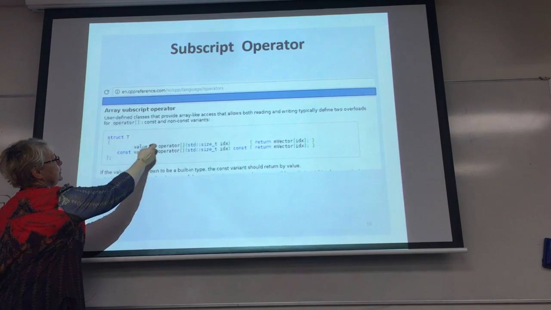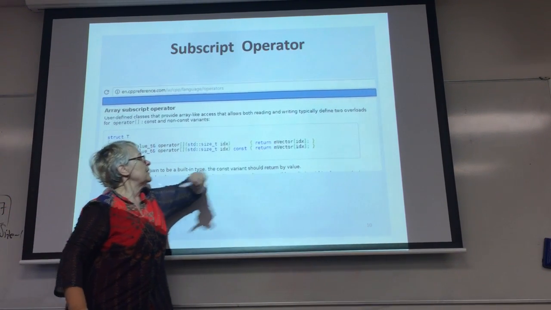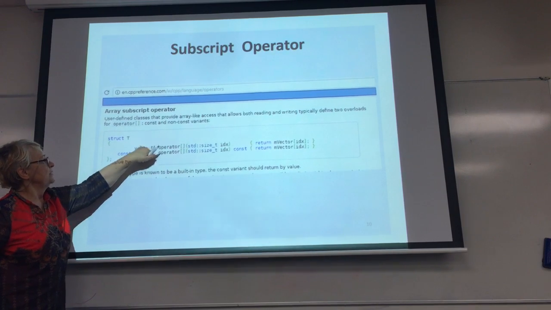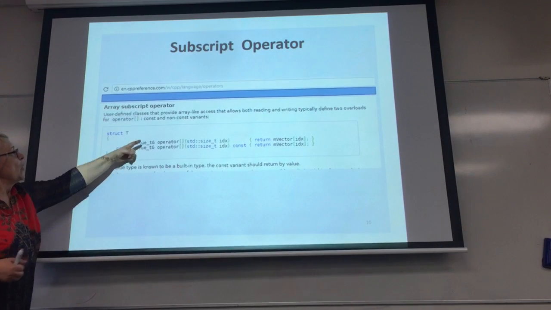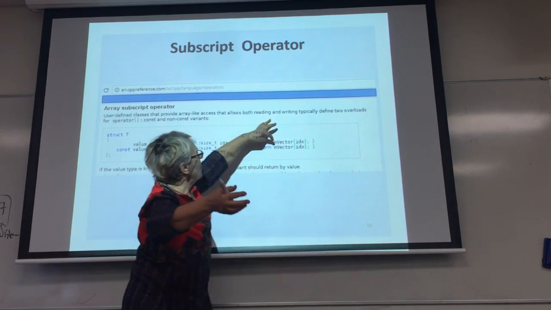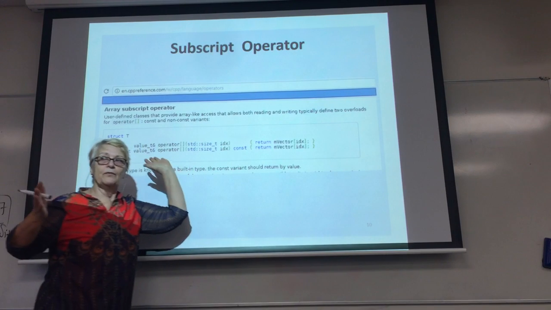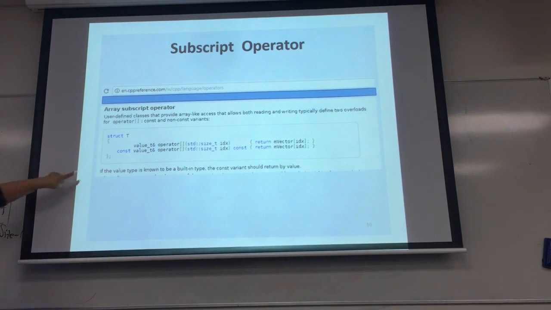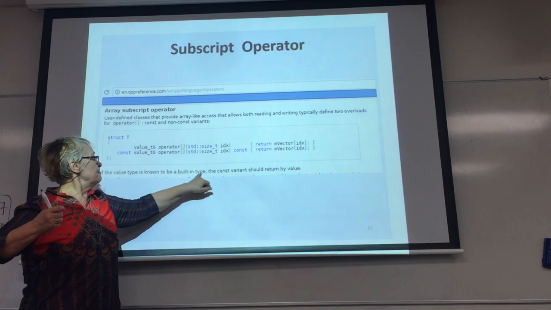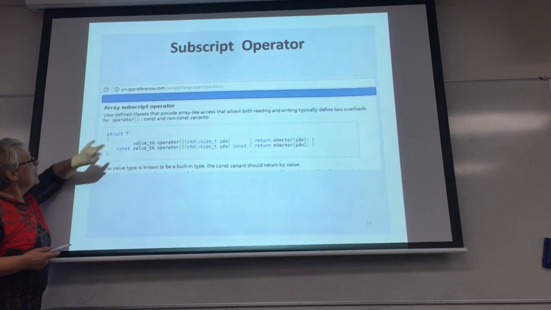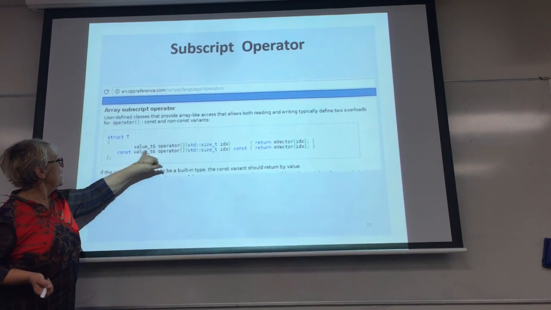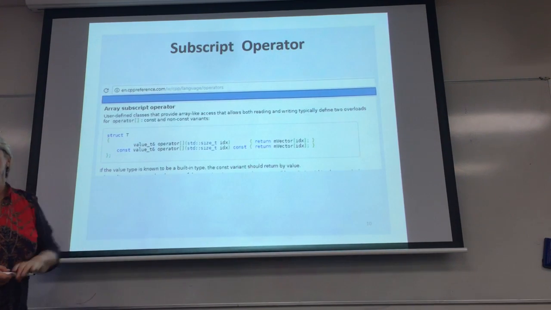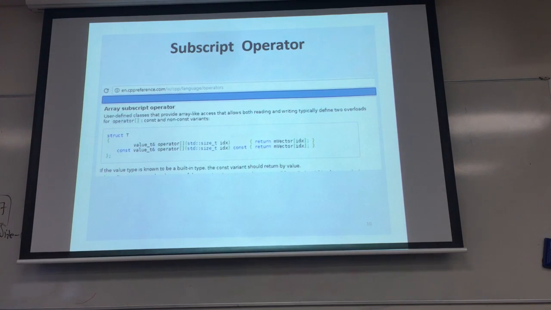So here this is returning whatever was the type for elements in this construction, m vector. So value underscore t is the type of elements here. We don't know, it's not a predefined type in the standard library. So the value type is known to be a built-in type. If we are working with a built-in type, this has to be returned by value, because we don't gain any efficiency.